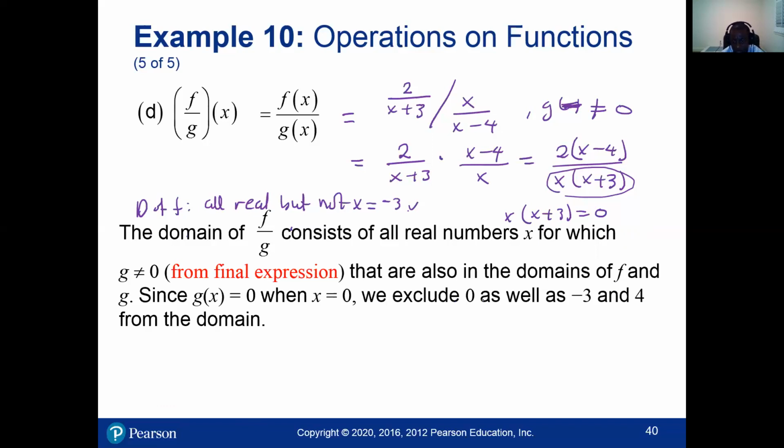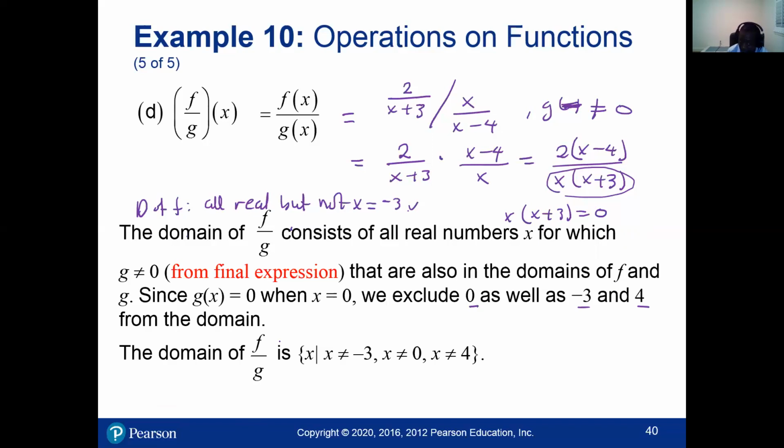So we exclude 0 as well as -3 and 4. Writing this in set notation is going to be what? x such that x is not equal to -3, not equal to 0, not equal to 4. Or you can just say x such that x is not equal to -3, 0, comma, and then 4. So this is the same as that.